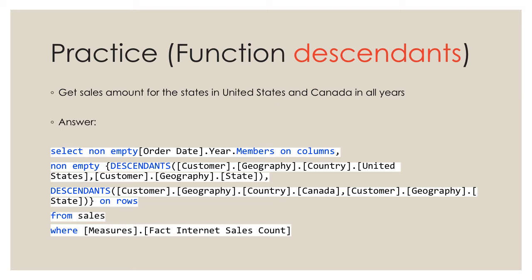The most intuitive way is to tell the MDX I want the states from the United States and the states from Canada, and combine them together onto the rows. There is another way, which is combining the countries first and then getting the states for those two countries. That can be done in one row of descendants. Both ways work, all right?